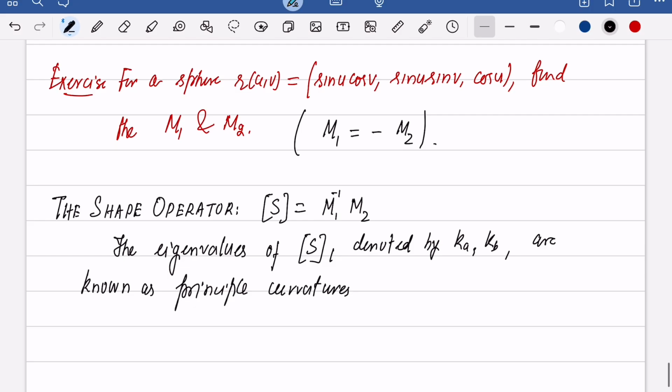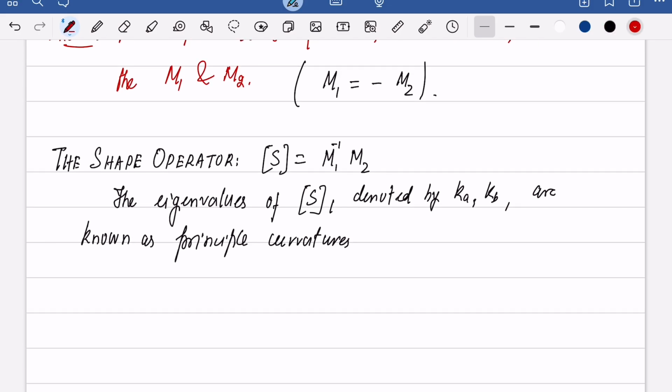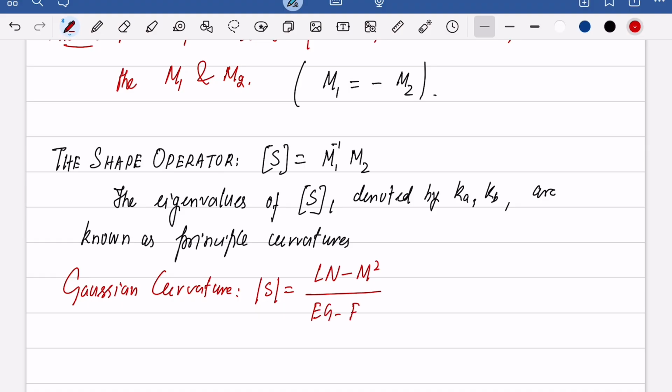So this is one easy way of defining the principal curvatures. They are defined as the two eigenvalues of the shape operator S, which is defined as M1 inverse into M2. Now, in terms of these principal curvatures, the Gaussian curvature is defined as the determinant of this shape operator, which is also in terms of the fundamental magnitudes like ln minus m square divided by eg minus f square.